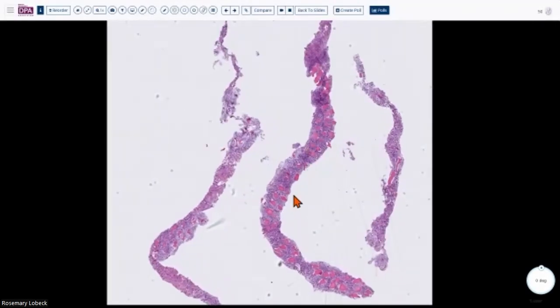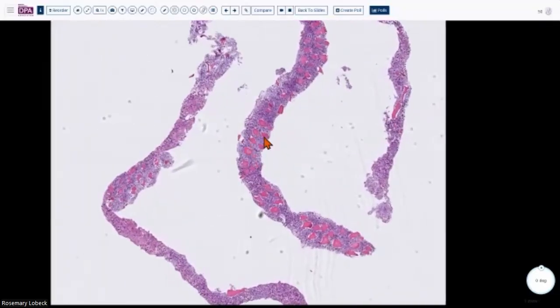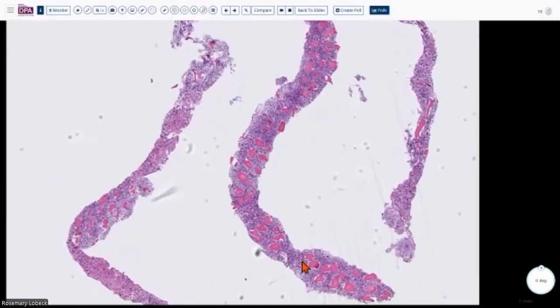Here we see a very cellular lesion, and all the pink blobs are the skeletal muscle bundles. So the skeletal muscle seems to be infiltrated quite diffusely by this highly cellular lesion.